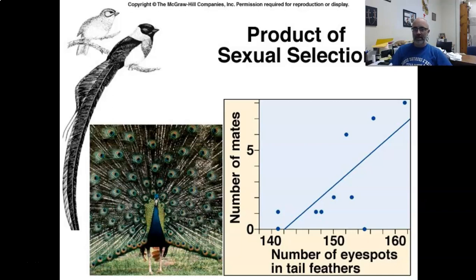Go out into the jungles of India and find a peafowl and find her little babies. Check the parentage of all the little babies, and if you know all the males, you'll see that the male with the highest number of eye spots in his tail feathers is also the one that has acquired more mates than others, and very likely will have a lot more chicks out there with his genes.